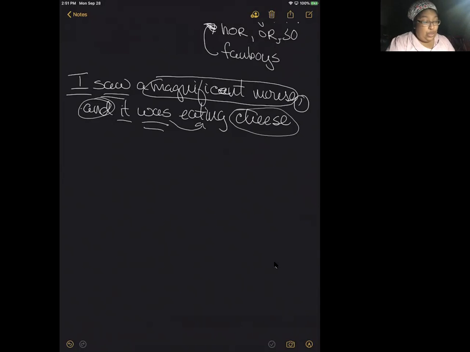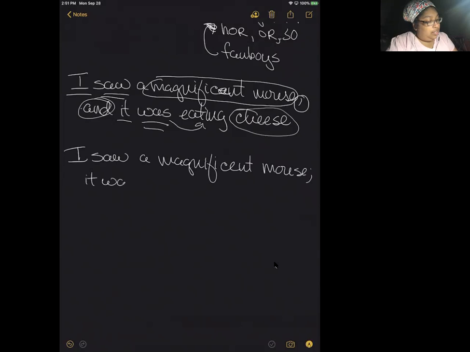Again, if they're related to each other, you could use a semicolon. So you can say, I saw a magnificent, by the way, this is such a great word, mouse; it was eating cheese. There you go. That's how you use a semicolon right there.